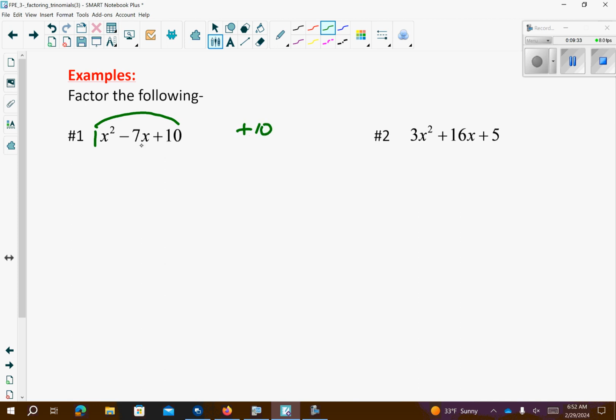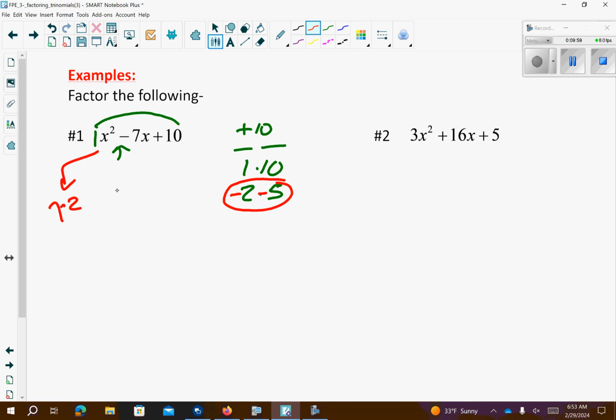Knowing that, I also have a negative right here. So in order to get a positive number, I have to have a positive times a positive or a negative times a negative. Because this is negative, it's going to be a negative negative. So 1 times 10 and 2 times 5. Which of those, when added together, would give me negative 7? They both have to be negative. So I had negative 2 and negative 5. That gives me the negative 7.